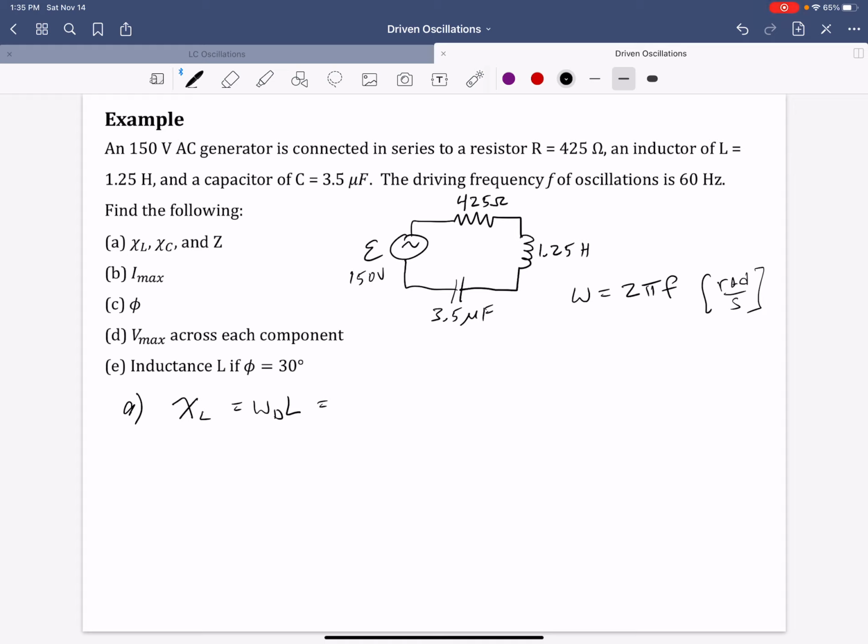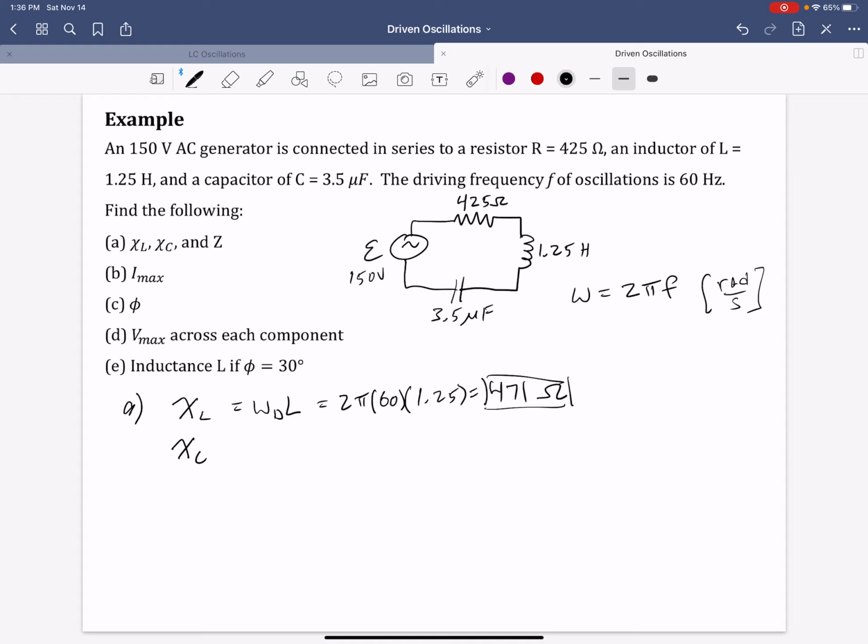So there you go. All right, so we have 2 pi times our 60 hertz times the inductance of 1.25. Okay, fairly straightforward. This should give us a value of 471. And the units, just like resistance, a reactance is in units of ohms. It's a type of impedance, if you will.